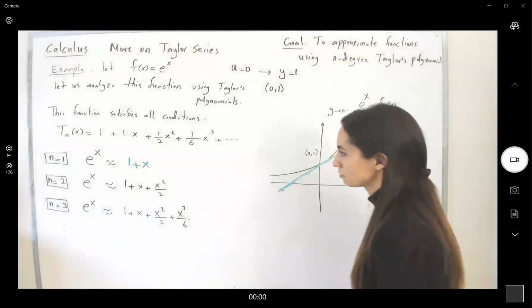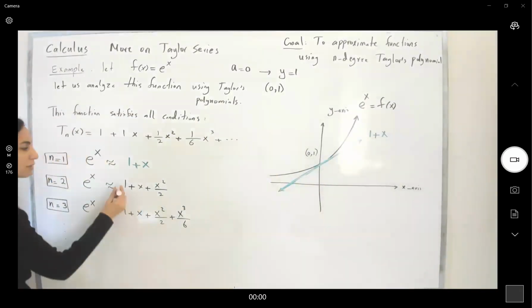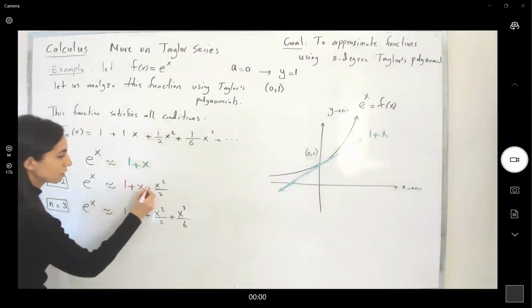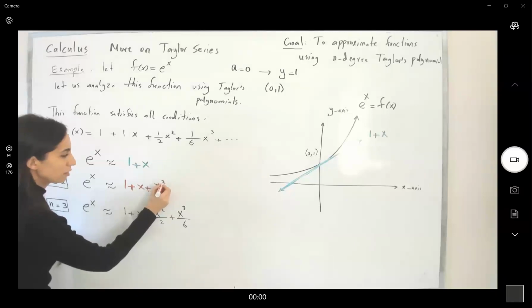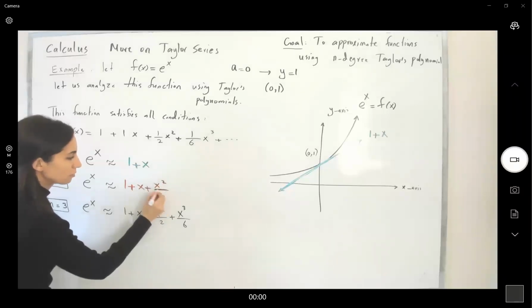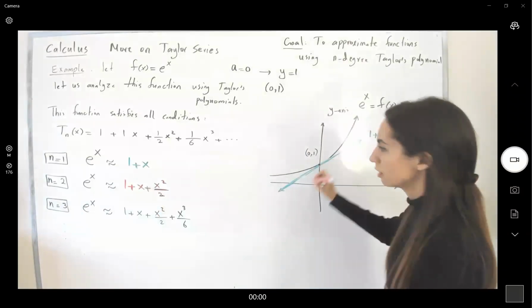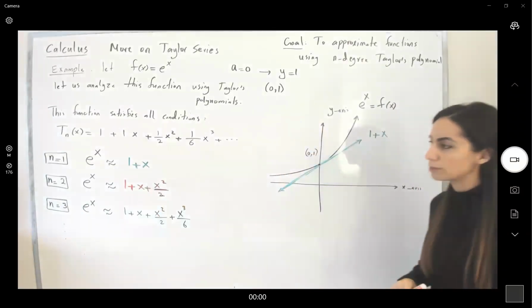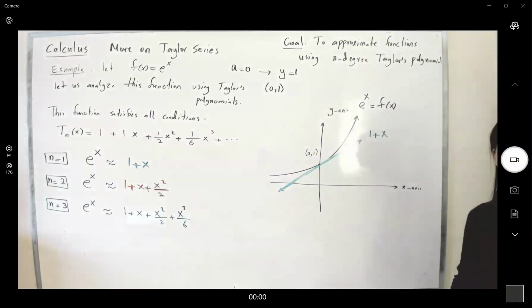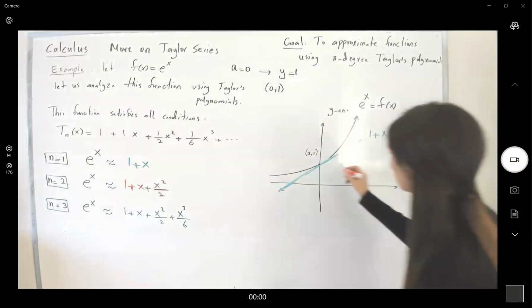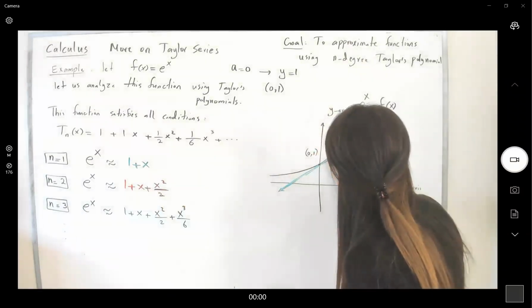So if I use this quadratic expression, 1 plus x plus x squared over 2, and try to graph this, this quadratic polynomial passes through (0, 1).